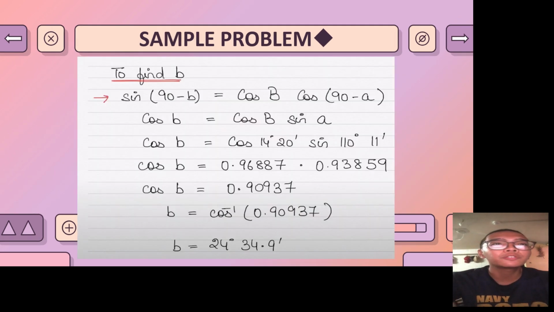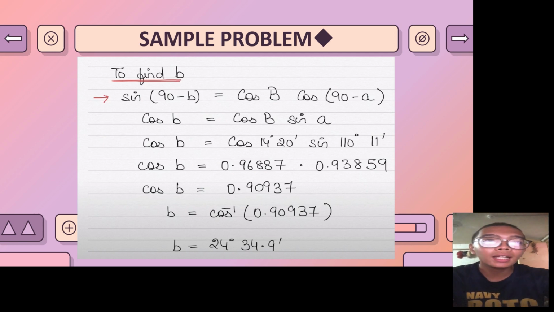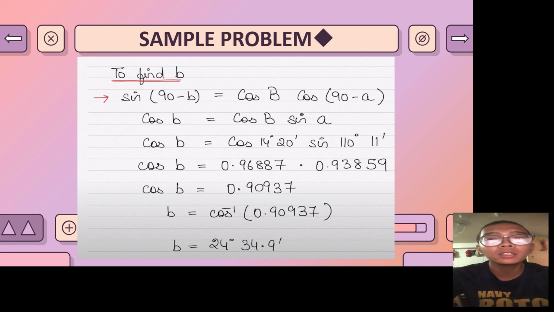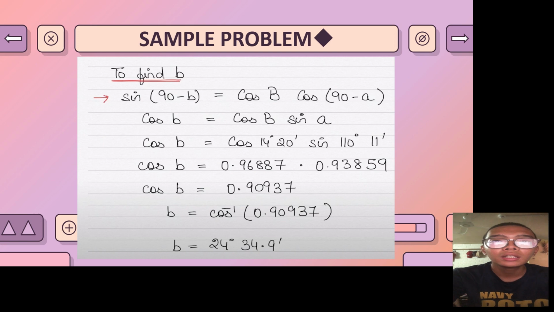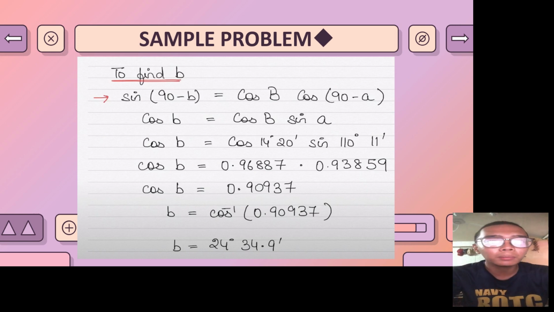First, we're going to find the side B. To find side B, we have sine of (90 minus B) is equal to cosine B, then cosine of (90 minus A), so cosine B is equal to cosine B sine A. Next, cosine B is equal to cosine of the angle B, which is 14 degrees 20 minutes, times sine of the angle A, which is 110 degrees 11 minutes.